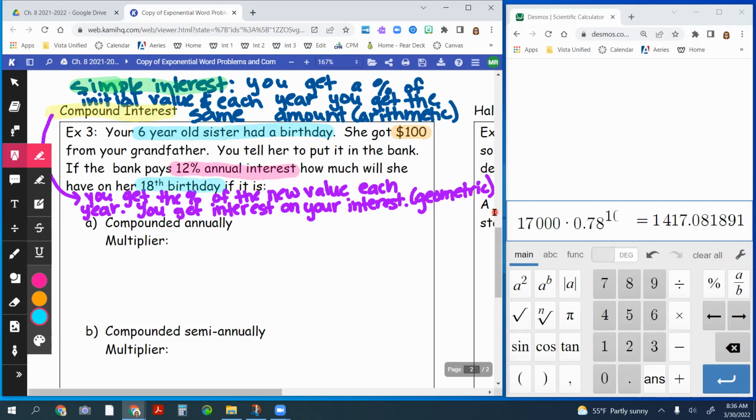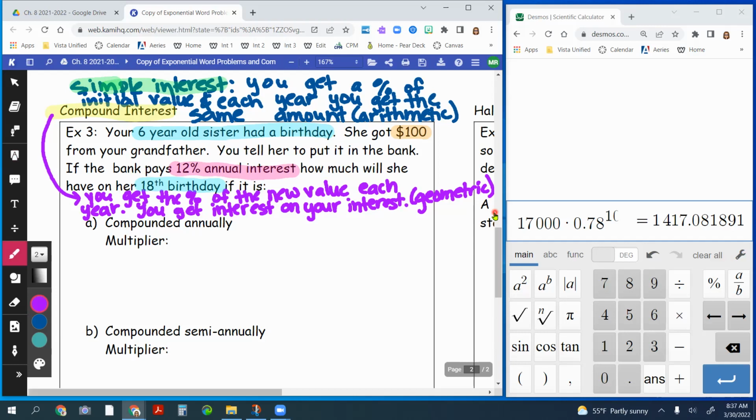Okay. So first thing, they're saying, okay, what if it is compounded annually? Okay. So in this case, it's compounded annually.